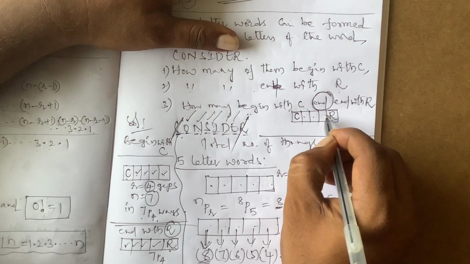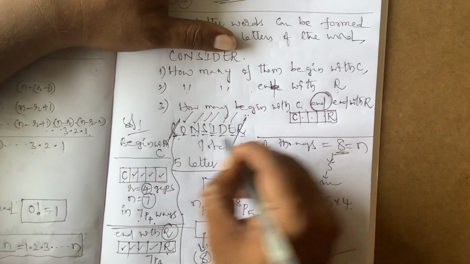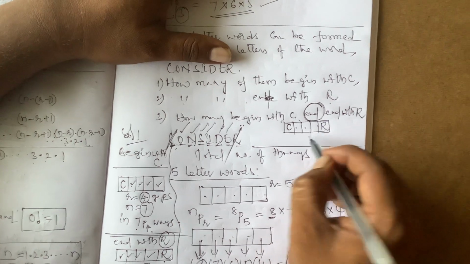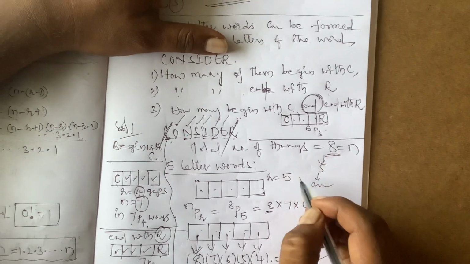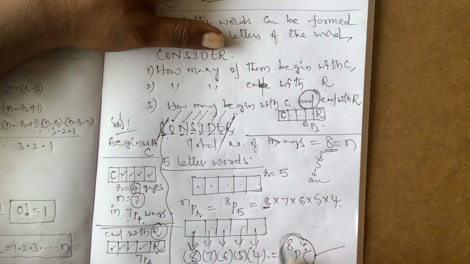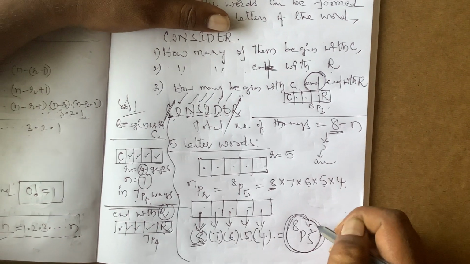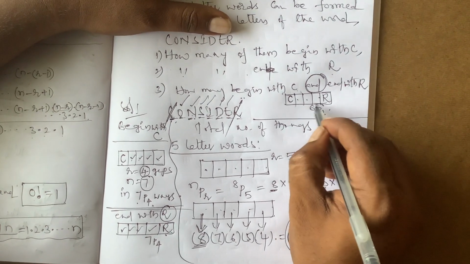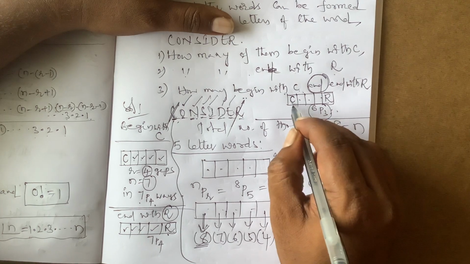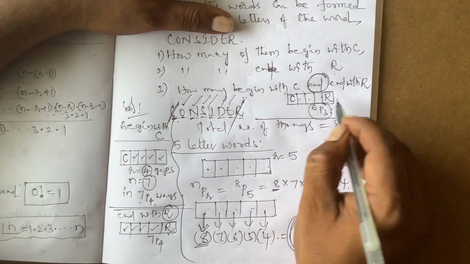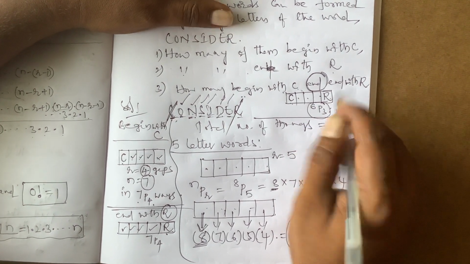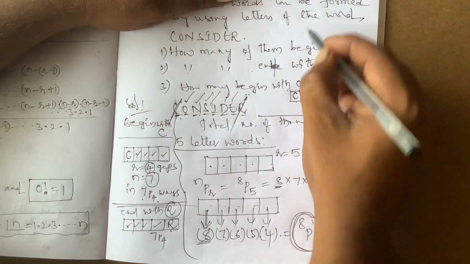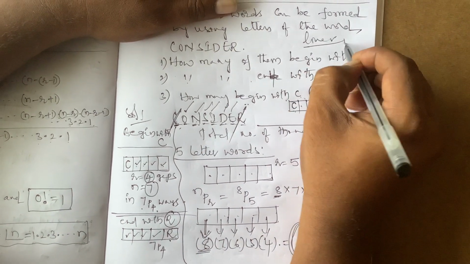How many gaps do I have to fill? 3 gaps. So n is equal to 6, r is equal to 3. So 6P3 is the value. So out of these 8P5 5-letter words, 6P3 5-letter words begin with C and end with R. Okay, this is one example based on linear permutation.